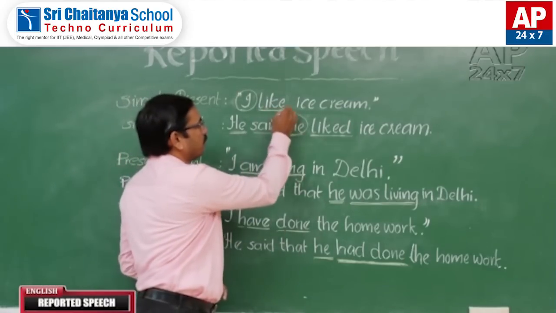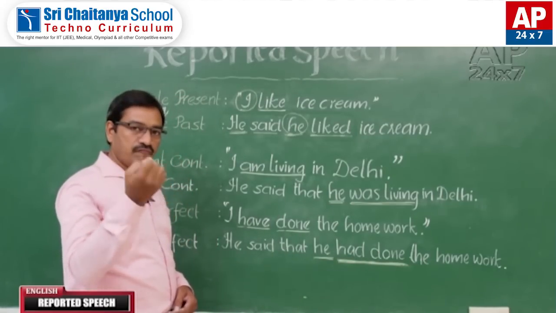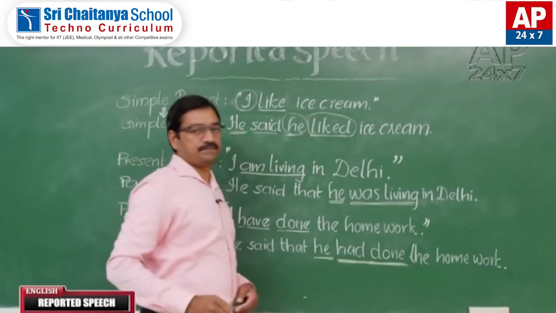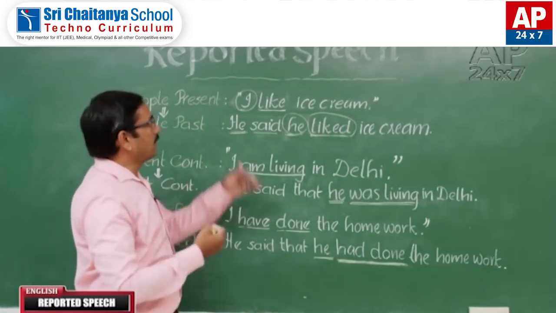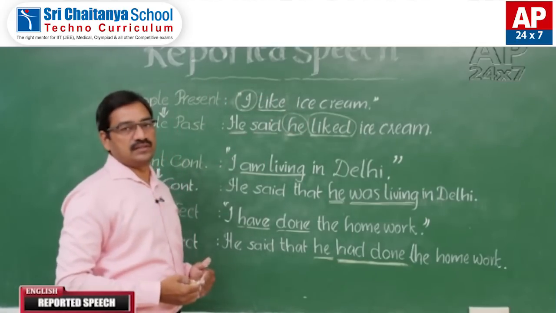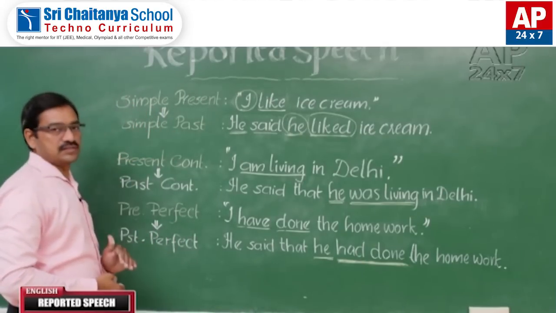The verb form like, simple present, is changed into the V2 form, liked, that is simple past. So what we have to remember when we change direct into reported speech is that present tense becomes past tense in the indirect speech.